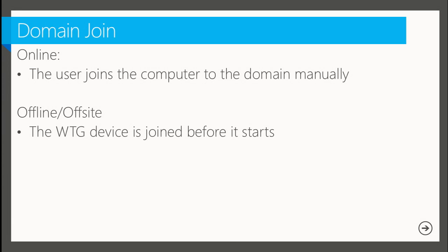There are a couple of ways to join the machine into the domain. You can either do an online join, or with Windows Server 2012 and Windows 8, you can do an offline domain join. An offline domain join is pretty smart. The USB stick is from the beginning actually joined into the domain.